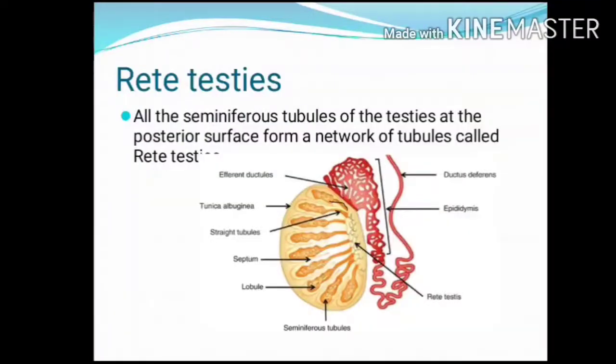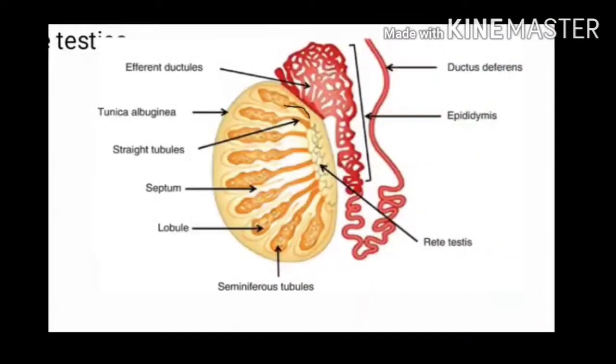All the seminiferous tubules of the testes at the posterior surface form a network of tubules called the rete testis. From the rete testis arise 12 to 20 fine tubules called the vasa efferentia, which carry the sperms from the testis and open into the epididymis.